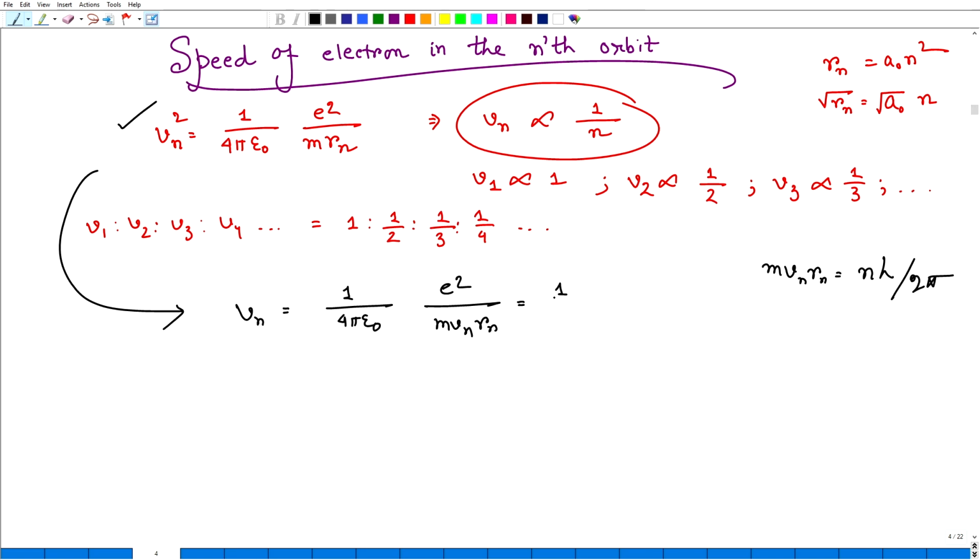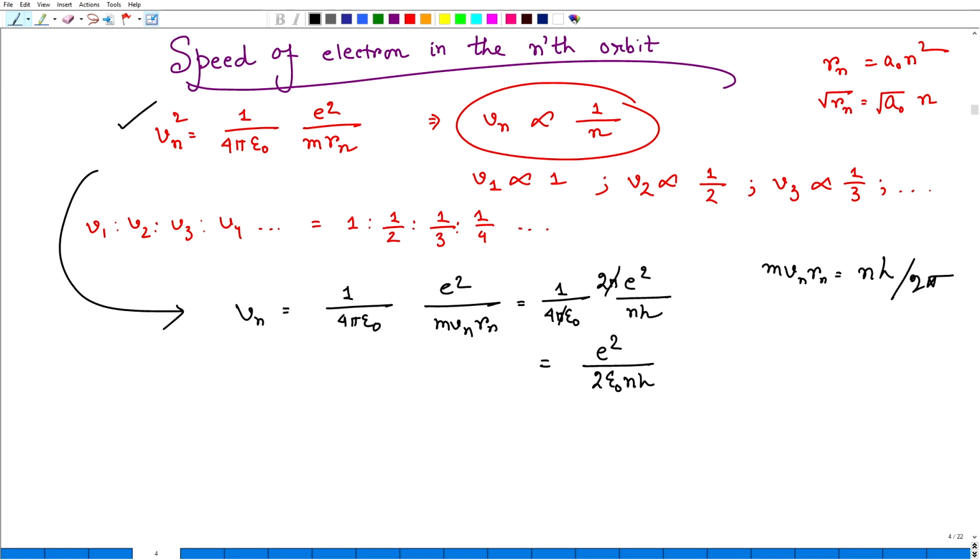So if you put that, this should be the case. Pi will be cancelled out, 2 will be cancelled out. So it will be e square divided by 2 epsilon naught nh.